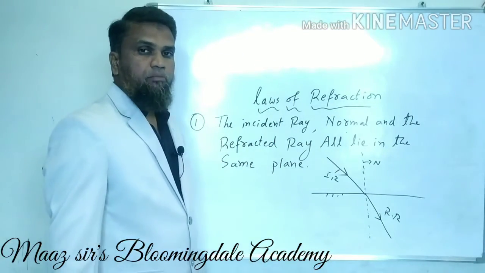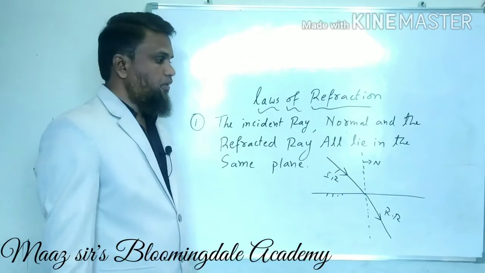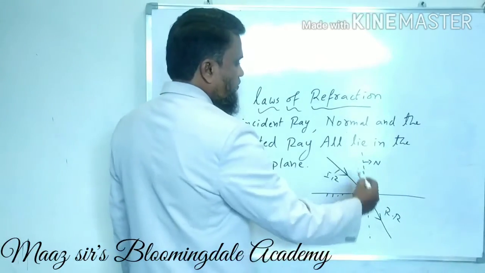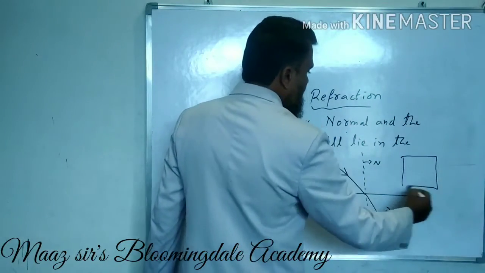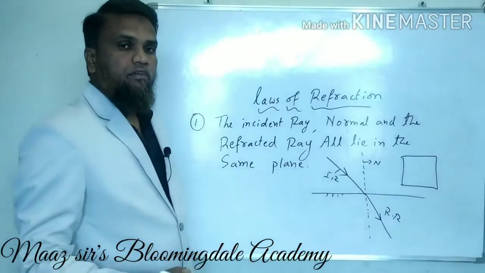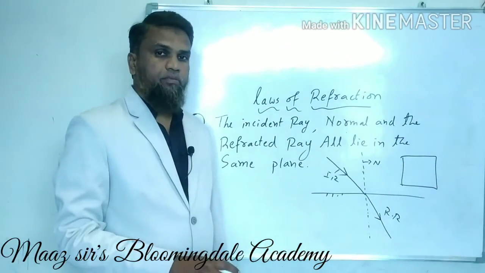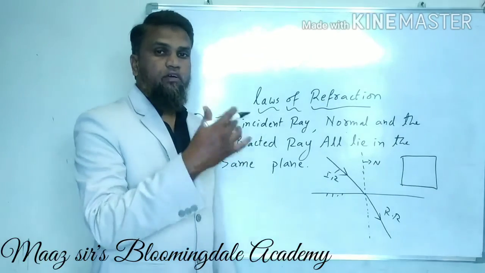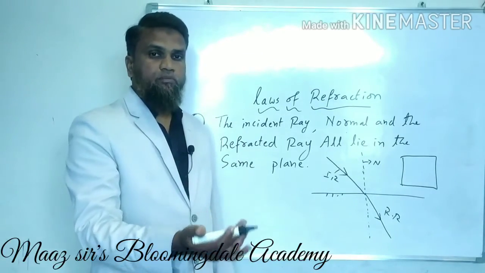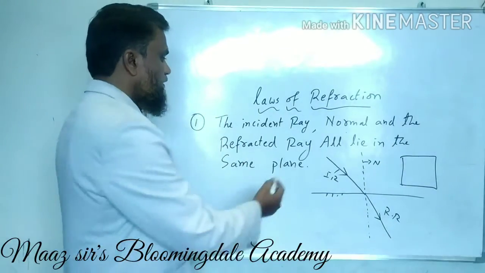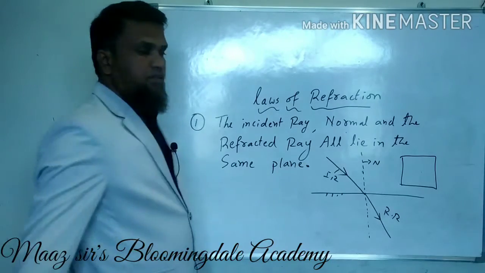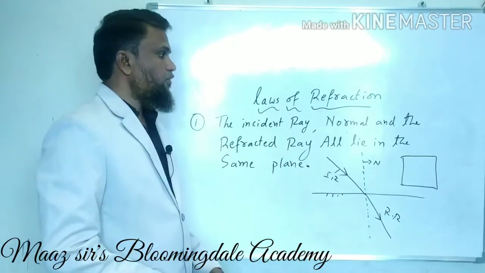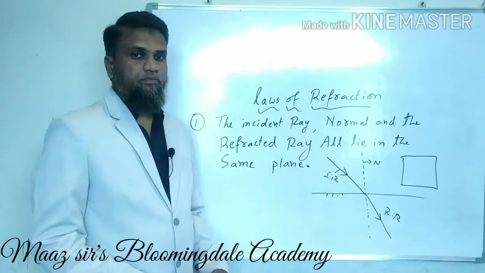What do we mean by the same plane? If I draw all these rays on a sheet of paper, all of them will be on the sheet of paper. Not any one of these rays will go out of the paper. This is the meaning of same plane. So this is the first law of refraction.